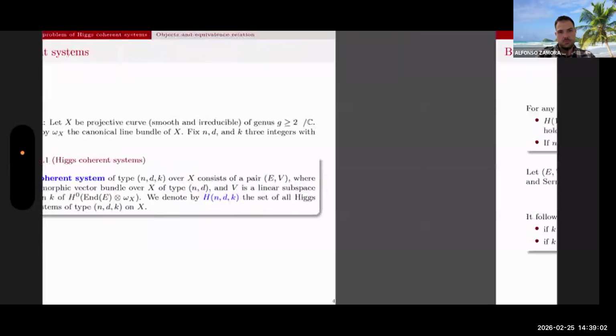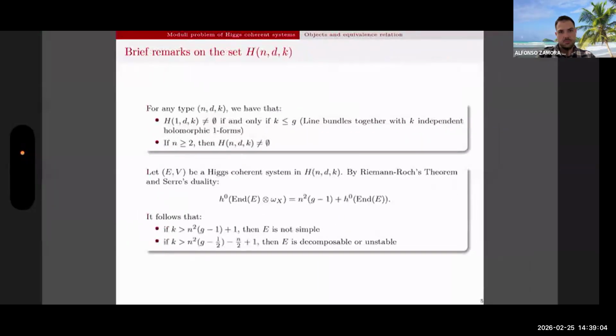Let me make some quick remarks about this set. In the line bundle case, the study of this object reduces to the study of line bundles together with holomorphic forms over the curve. And for higher rank, this set is not empty, since we can construct decomposable vector bundles with many Higgs fields.